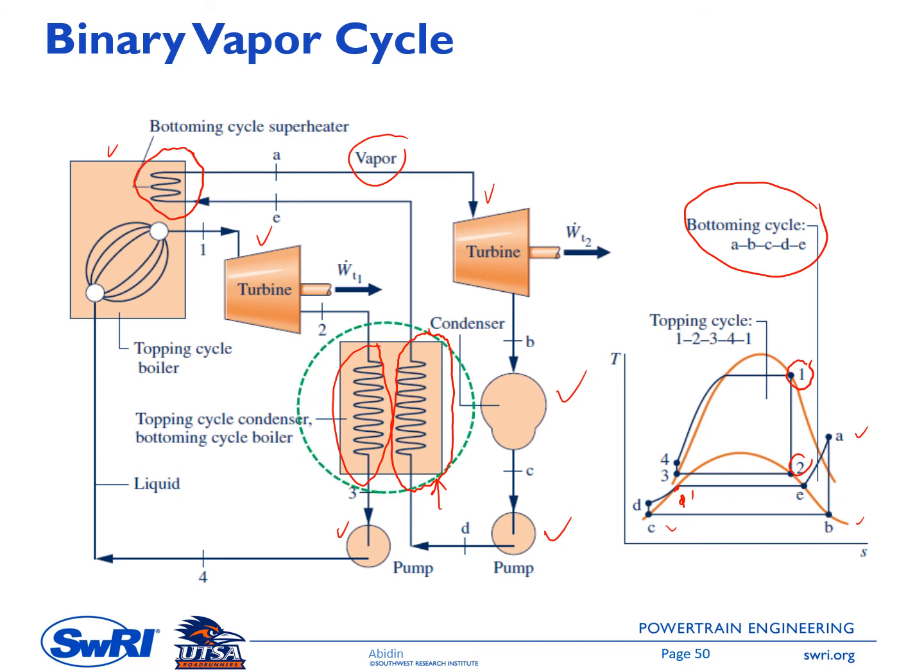This is the process of the Q in, so Q input to the working fluid of the low temperature cycle. So there is a heat transfer here. By having this binary vapor cycle, once again, the system efficiency increases compared to the one operating individually.